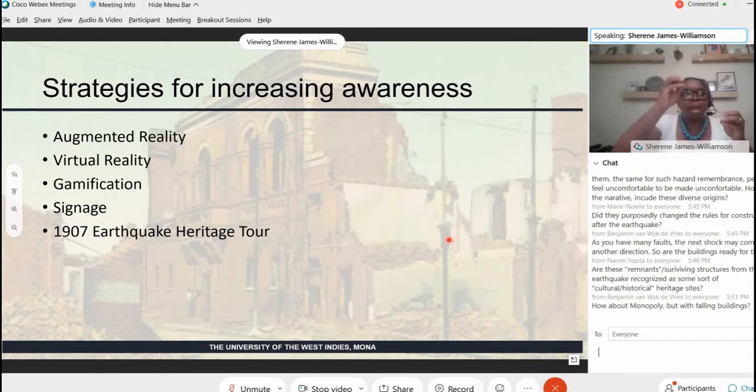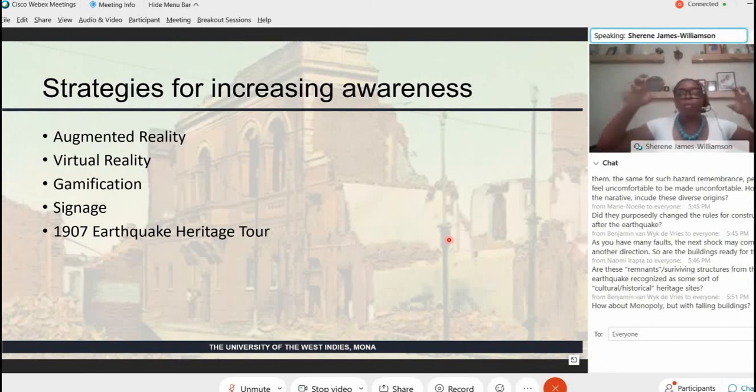And so it helps them to be aware of their surroundings and what are the things that need not be there. As much as they are fantastic, they're probably death traps.